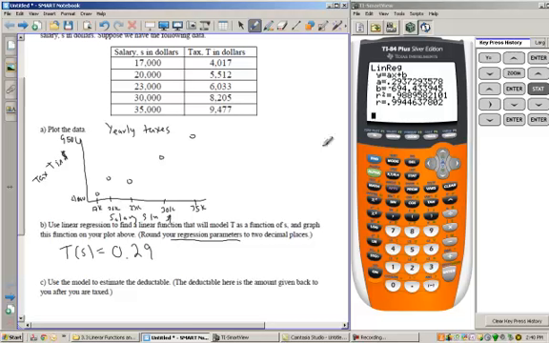It says times x, but my input is the letter S, so 0.29S, and then plus b, which is a negative, so I'm going to use minus $694.43.